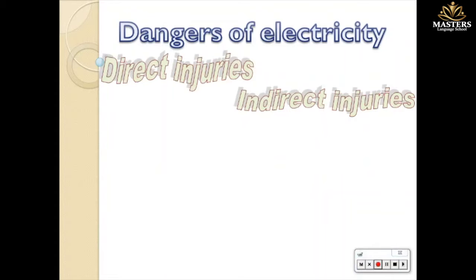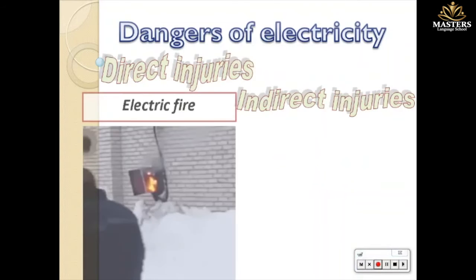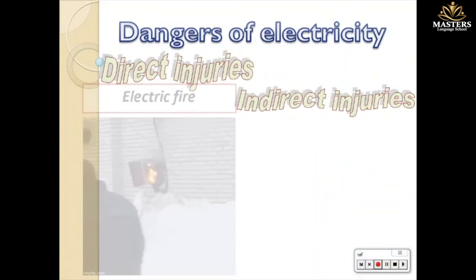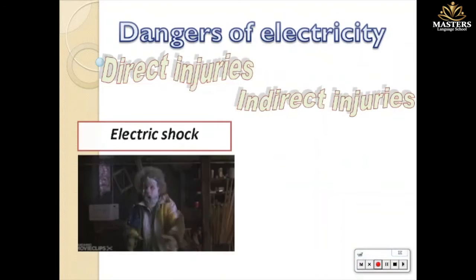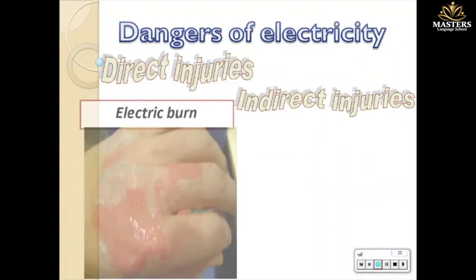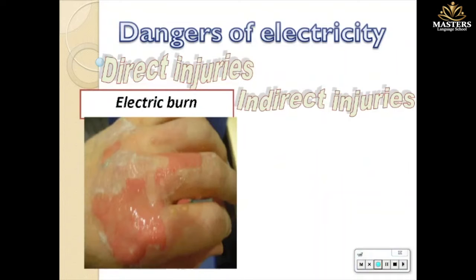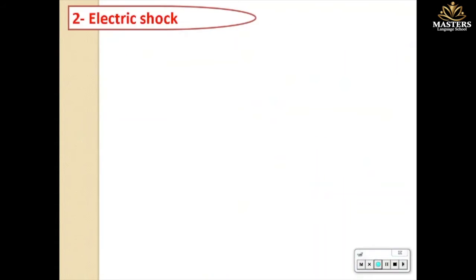The examples of direct injuries are electric fire, electric shock, and the last thing is electric burn. Also in the previous session we've talked about the electric fire, so we're gonna start with the electric shock.